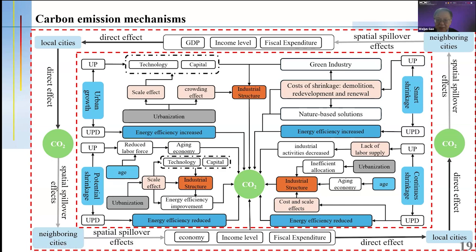Carbon emission in different urban development patterns is influenced by many factors, and the different impacts of urban population size and density are transmitted to industrial structure, technology level, and energy efficiency, which affect the scale of the carbon emission in the city. In this process, aging and urbanization have a threshold effect.